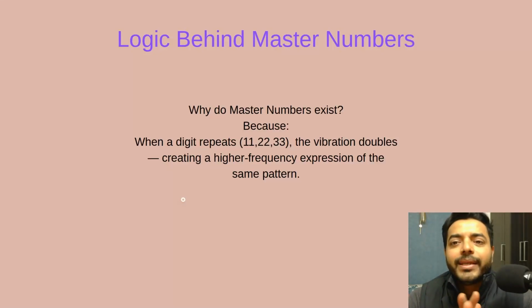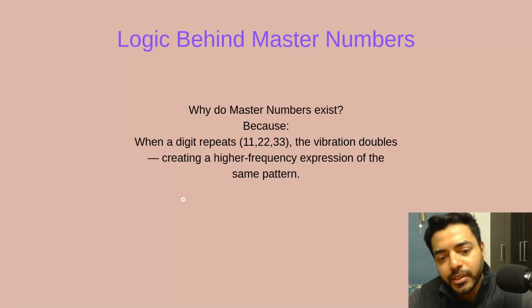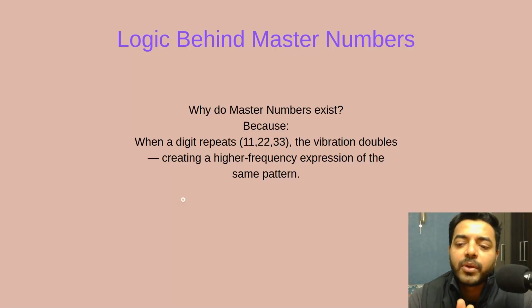Now, why do we need master numbers? Why do master numbers even exist? Because when a digit repeats, 11, 22, 33, the vibration doubles, creating a higher frequency expression of the same pattern. The first thing that we discussed was vibrations to patterns, patterns to numbers, right?